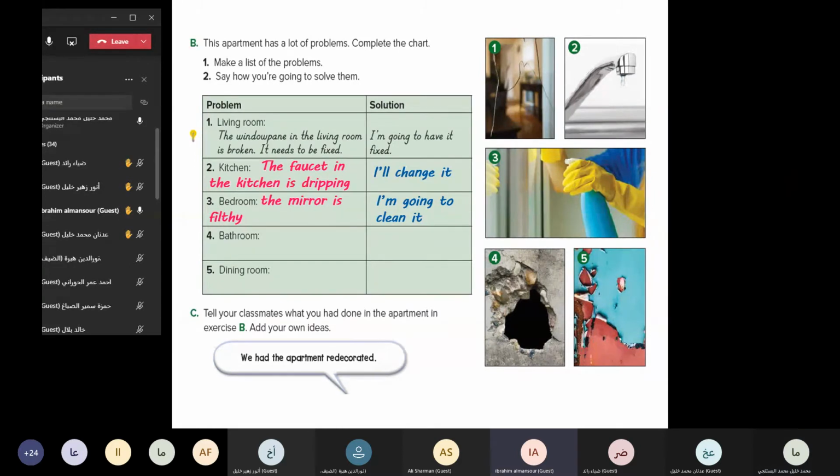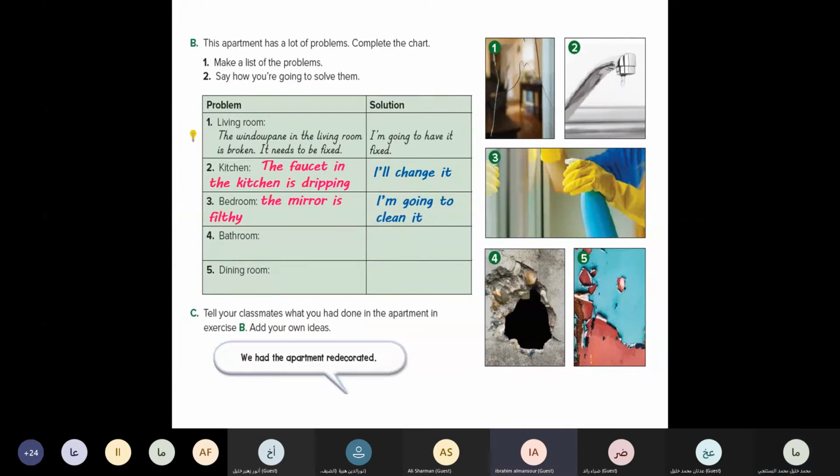Number 5. Look at the picture here, number 5. The wallpaper is ripped. The paint, or the wallpaper, is old and peeled off. The solution: we should repair it. Yes, very good. Thank you.